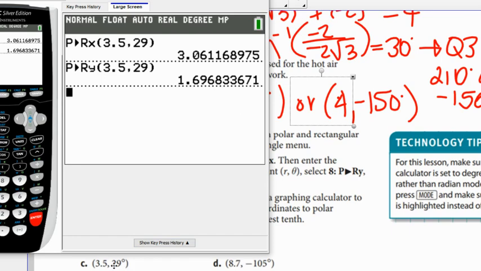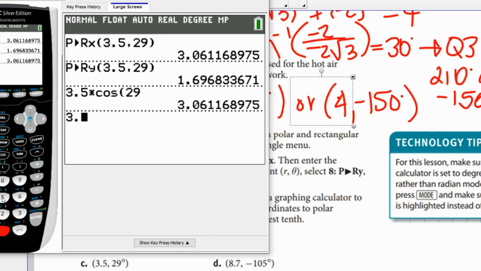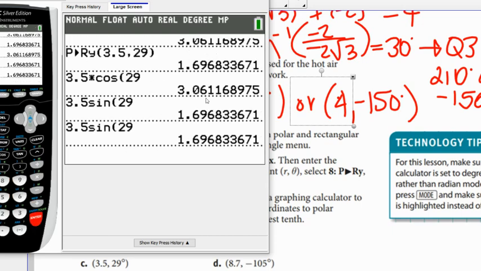Okay, so this is going from polar to rectangular. Now, to me, I personally think it's quicker to just do r times the cosine of theta and r times the sine of theta, because to me that's quicker to type in than having to go through all those menus. But you see you get the same answers for your x comma y's.